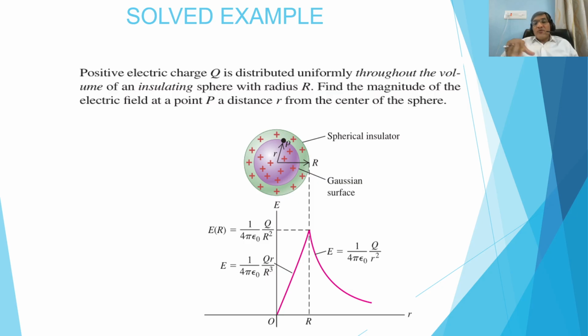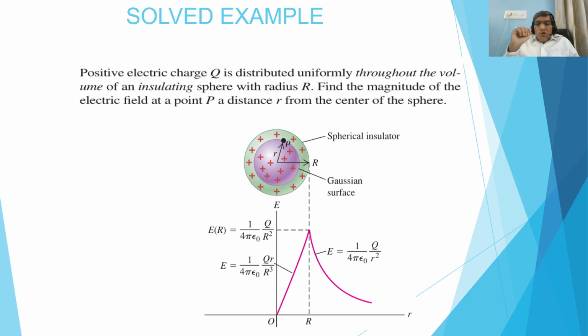When we move outside the spherical insulator, we plot an imaginary Gaussian surface with small r greater than capital R, and the curve shows E decreasing with r, E equals Q upon 4 pi epsilon naught small r squared. This comes from a simple calculation, from the closed integral of E dot dA equals Q enclosed upon epsilon naught.